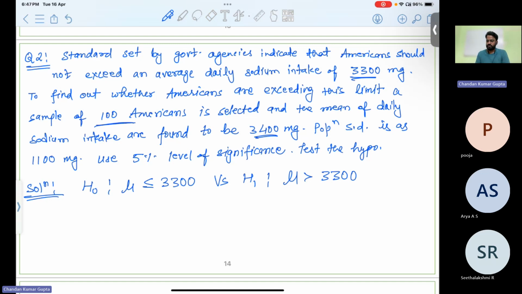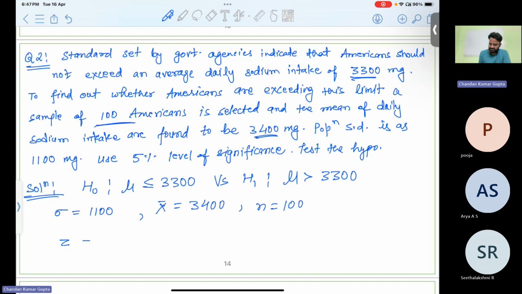Now the test statistic. Since the standard deviation is given, we may write it like this, with n equal to 100.